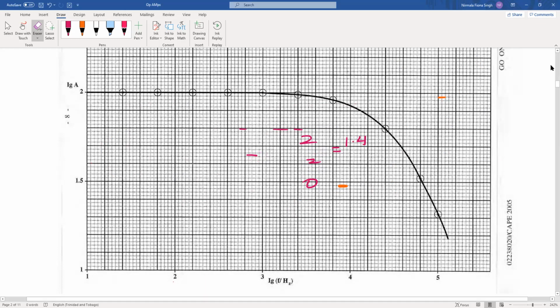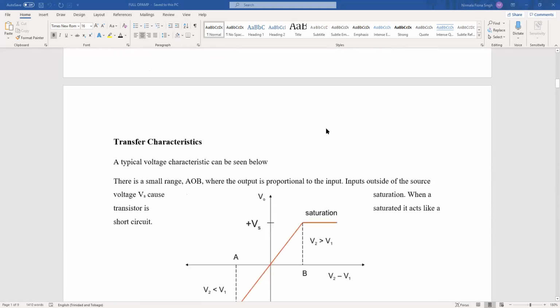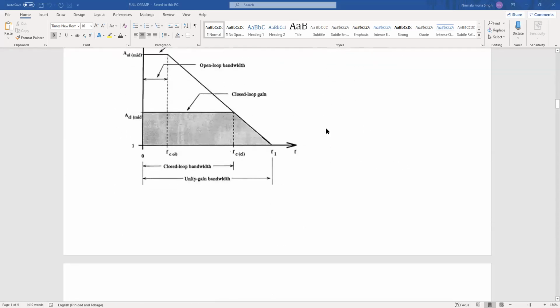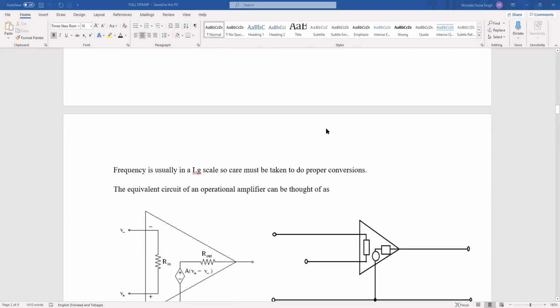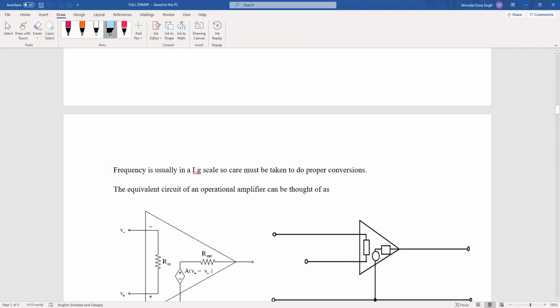If you go back to our handout, you are going to see that anytime you use a log scale, care must be taken to do proper conversions.